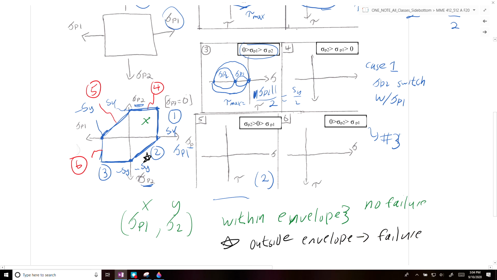So it's a very simple tool you could make for any material. You could make a graph like this, and once you calculated sigma P1 and sigma P2, you can look it up on the graph and see visually whether or not failure will occur. Right? So we can do a similar process for the von Mises stress.